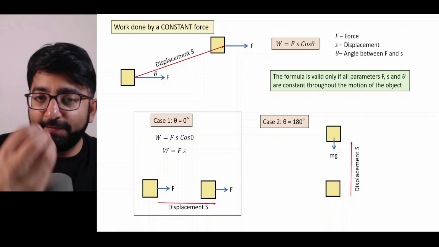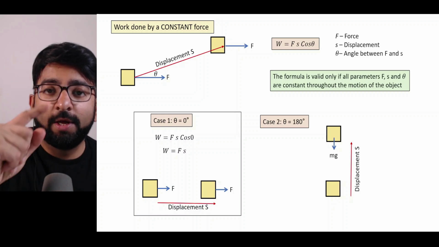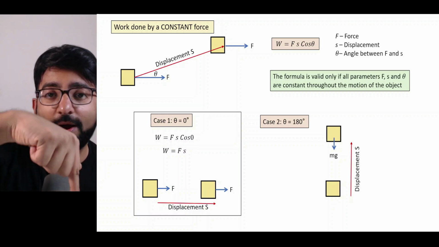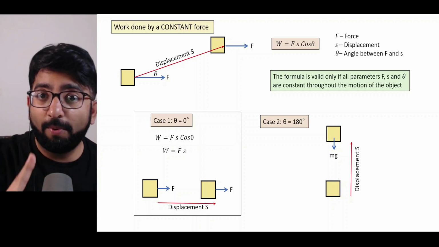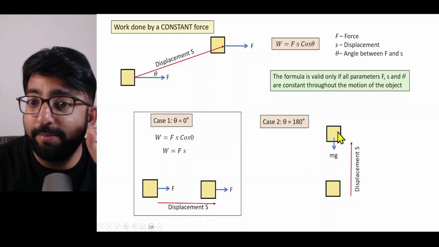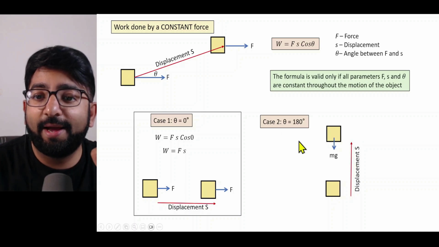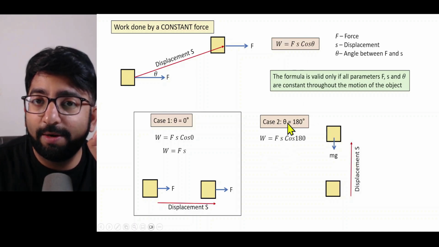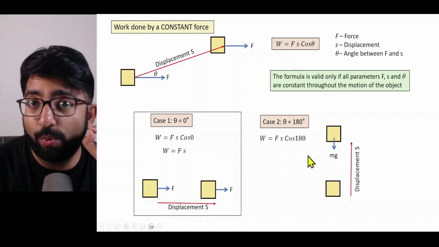So let me repeat. If you take an object and throw it upwards, so throughout the motion of the object, mg will always act downwards. But notice the ball or the object is going upwards. So back to the animation, mg is downwards and displacement is upwards. So we can say angle is 180 degrees. And if we put in the formula, work done will come out as Fs cos 180.